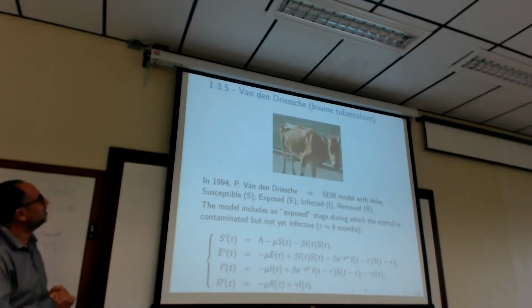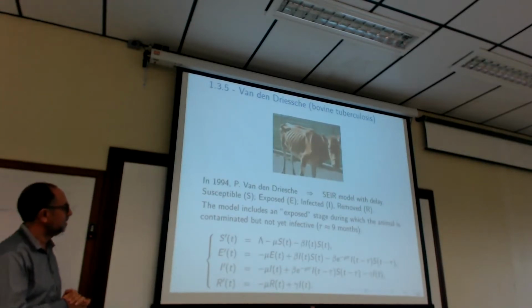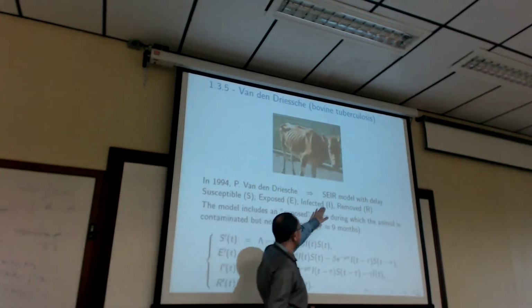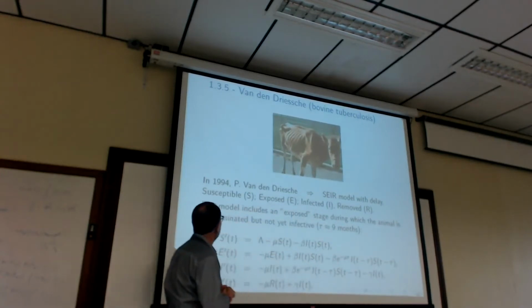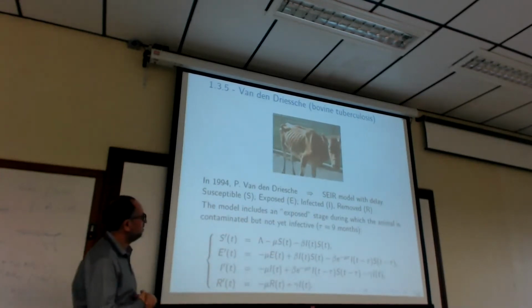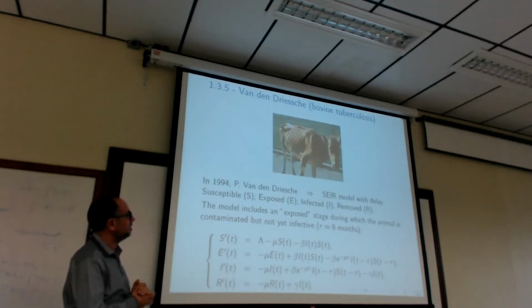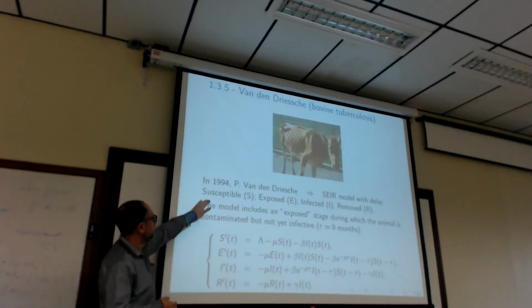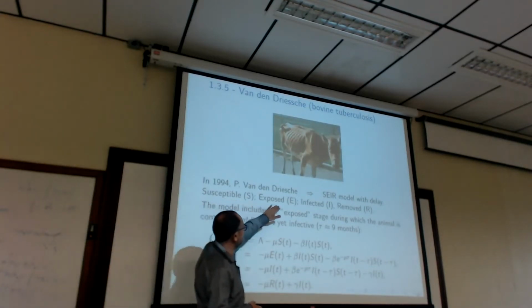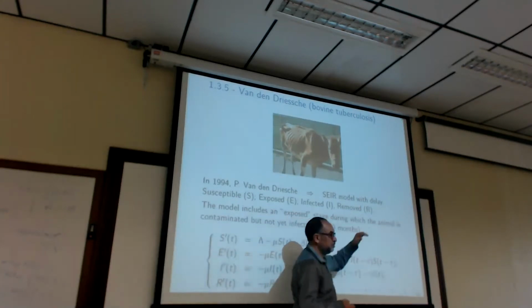This was studied by Van den Driessche in 1994. It's a SEIR model with delay. We have 4 classes of population: susceptible, exposed, infected, and removed.